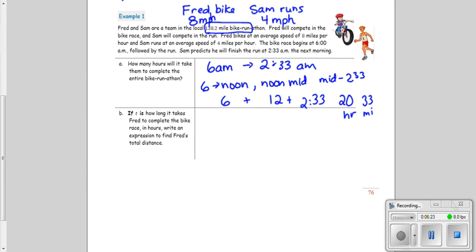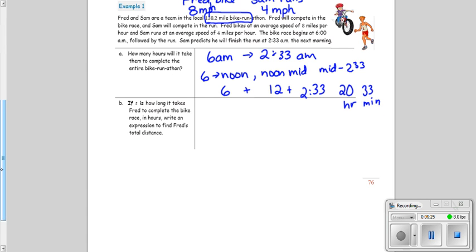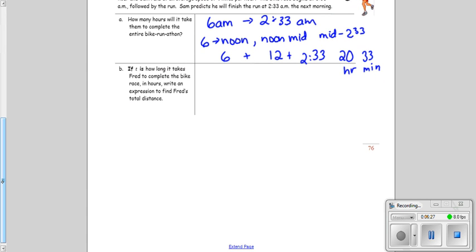We will need this calculation later in the problem, so instead of leaving it in 2 different units of measure, hours and minutes, we're going to convert it to all hours. So that will be 20 hours, and 33 minutes is 33 out of 60. Let's convert that to a decimal so it will be easier to use. 33 divided by 60 is 0.55.